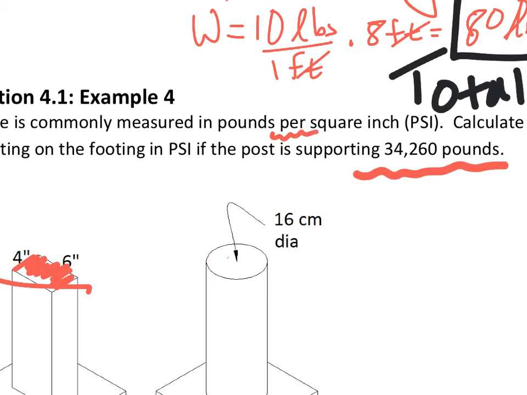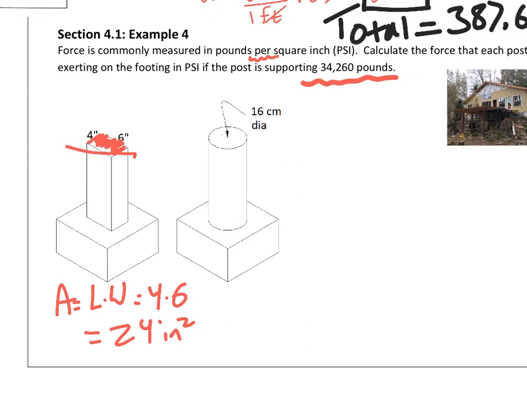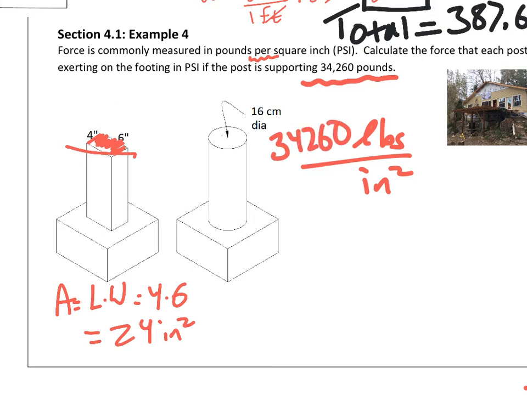Okay, so we're doing pounds divided by square inches. Well, how many pounds is it? 34,260. Divided by how many square inches is it? 24. Okay, so this is the rectangle one.